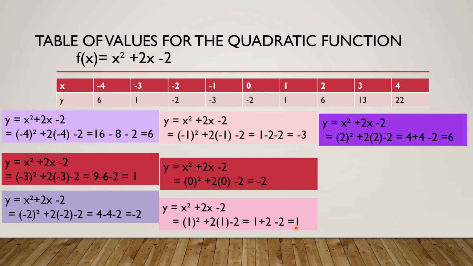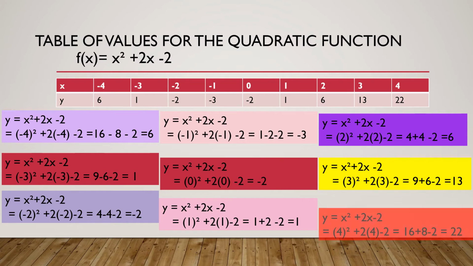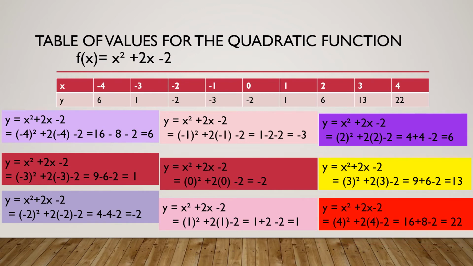And then, if x is 2, 2 squared plus 2 times 2 minus 2, that is 4 plus 4 minus 2, that is 6. And then, for x is 3, 3 squared, that is 9, 2 times 3, that is 6, minus 2 is equal to 13. And the last one is, if x is 4 and the value of y is 22.